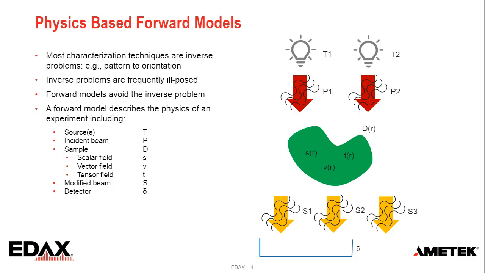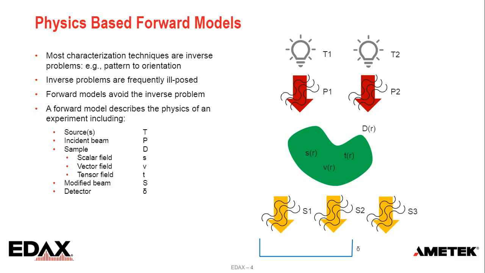To do that, you need to model a whole sequence of physics. Starting with the source, then describing the beam that comes off of that source, your sample, which has a boundary or shape function, plus maybe a scalar value of interest like density or chemical composition, maybe a vector like orientation, or potentially even a tensor if you're doing some more advanced properties.